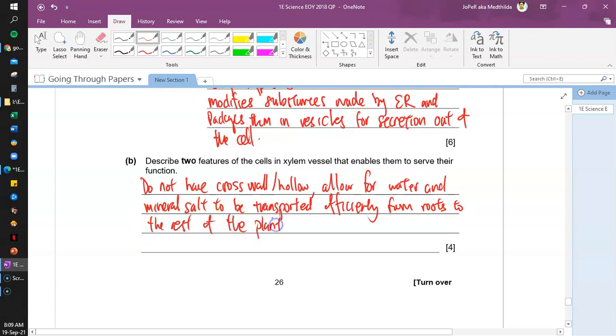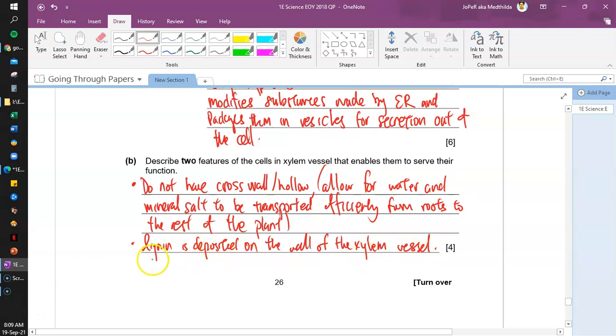Now, this is only one feature and its explanation, so there needs to be another one. The next one is that lignin is deposited on the wall of the xylem vessel. So what does it do?